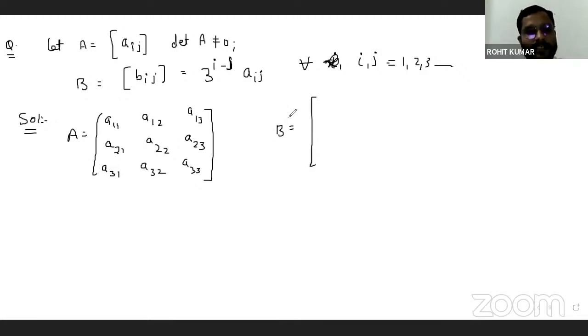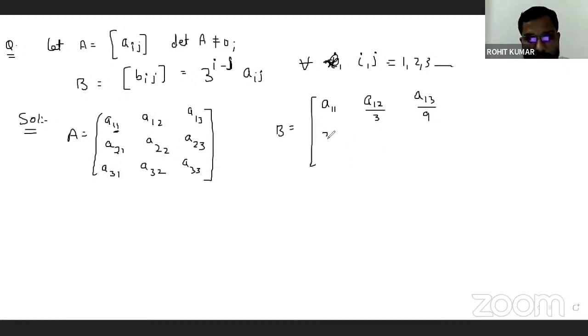But the element of matrix B, see, if I take A11, then i is 1, j is 1. 3 power 0 will become 1. So this is simply A11. But if i is 1 and j is 2, then it is 1 minus 2, that is 3 power minus 1, which is A12 upon 3. Similarly, A13 upon 9, since 1 minus 3 will become minus 2.